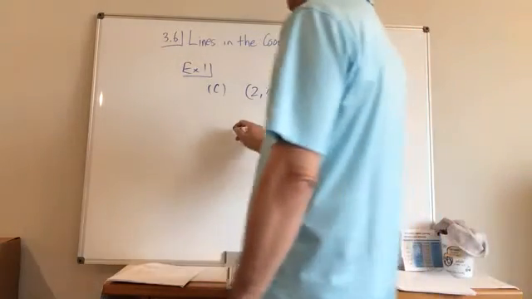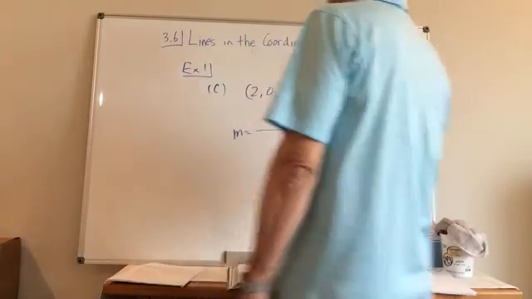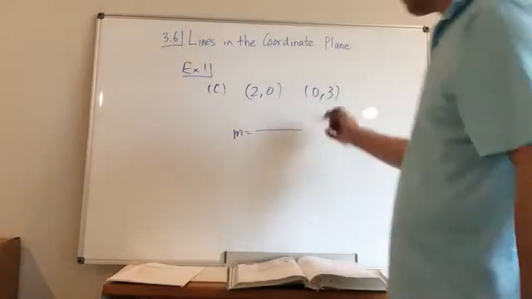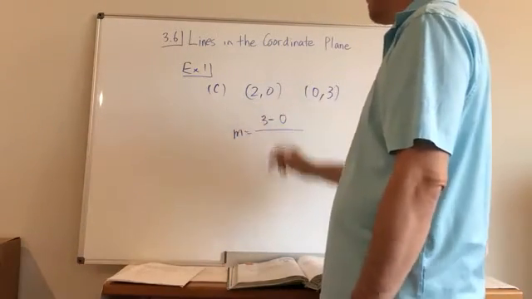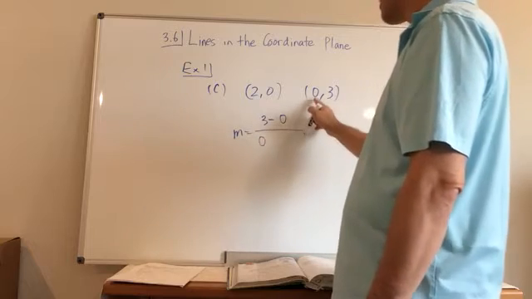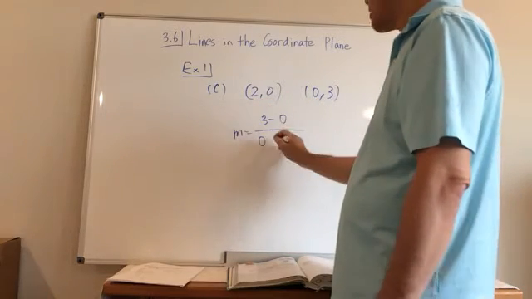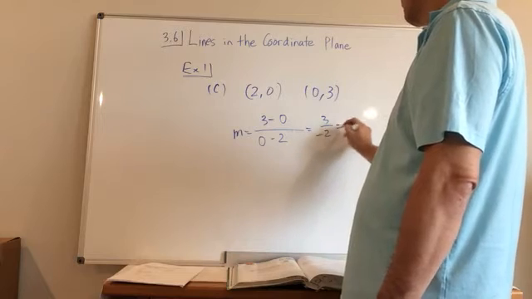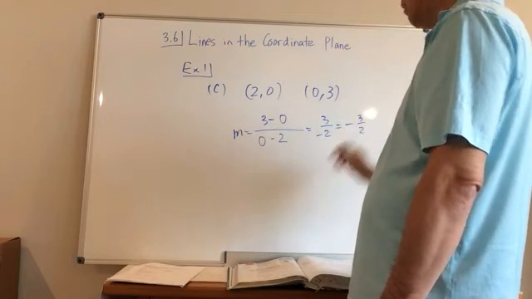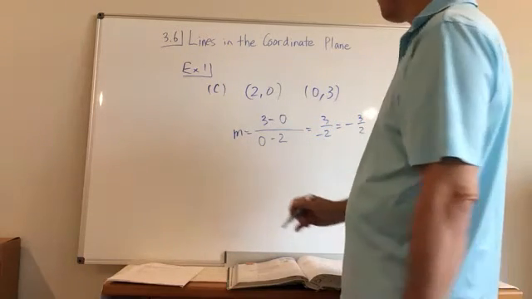Okay? So from here, we do the same thing. y2 minus y1 over x2 minus x1, so that's my slope, negative 3 over 2.